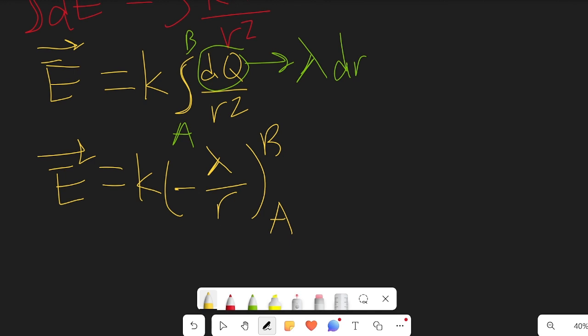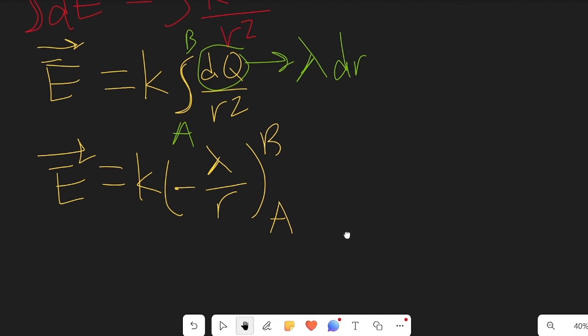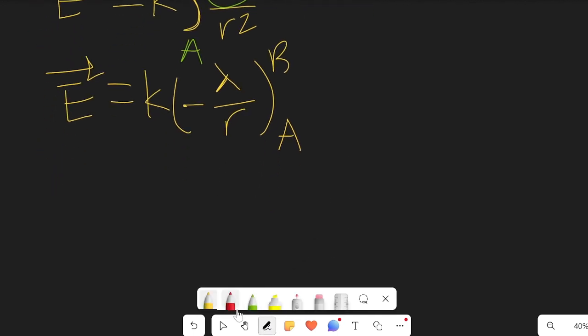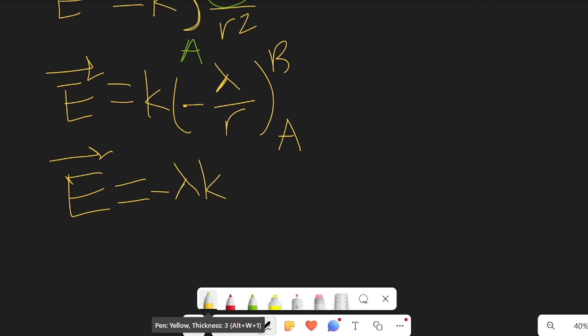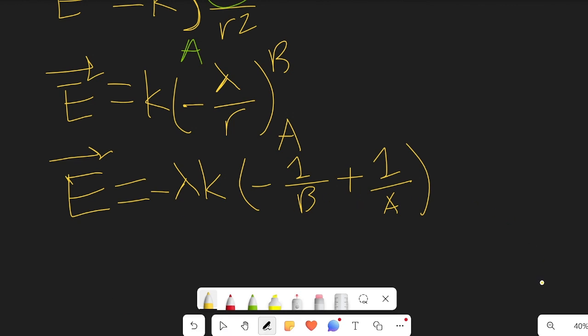Okay, sorry, I had to get my charger real quick. Essentially we would simplify this to negative linear charge density times k times negative 1 over B plus 1 over A. This looks like a completed solution, but look at this.